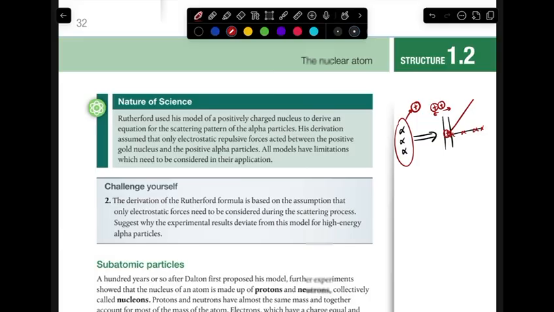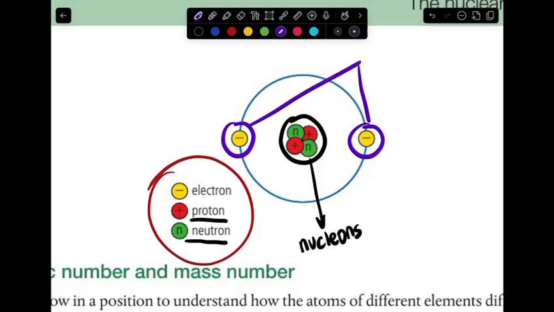The protons and neutrons together are called nucleons. And electrons, as you can see right here, are found on the outside of the nucleus, and they have a negative charge. So the electrons are in an orbital, as you can see, and they are negatively charged in contrast with protons and neutrons in the nucleus, or the nucleons.